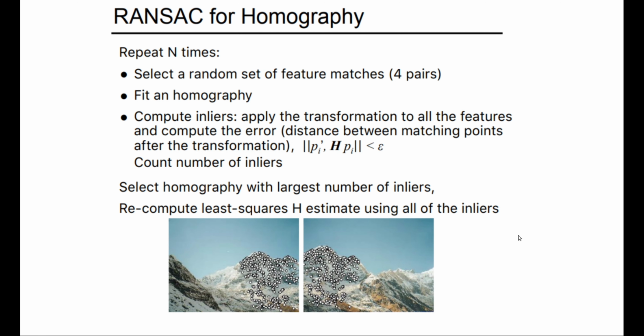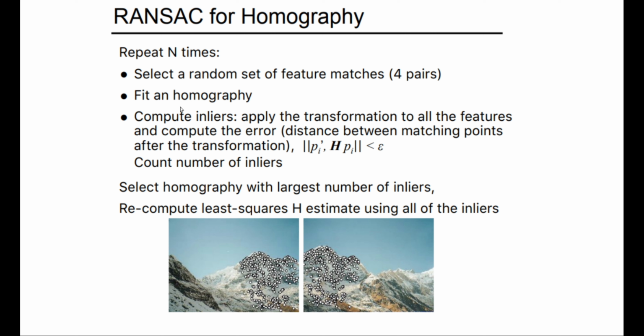So here again, in a nutshell, is the algorithm for finding homography with RANSAC. All these steps are repeated n times, and n may be 1500 or more than 1000. Here are the main 3 steps. Select a random set of feature matches, 4 pairs of key points, with corresponding feature vectors.